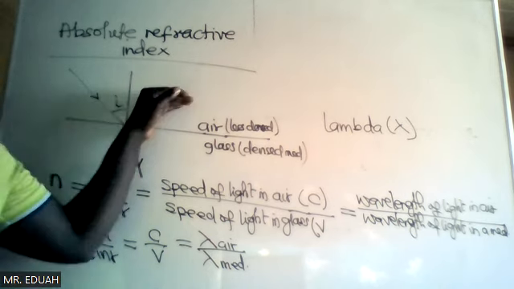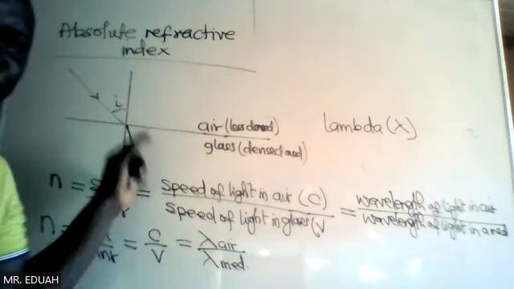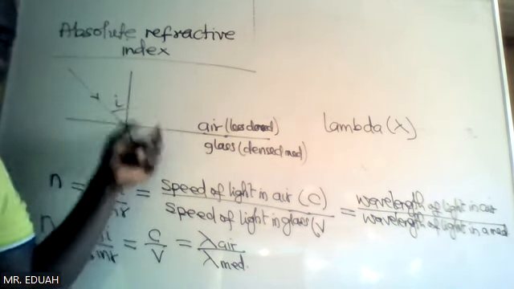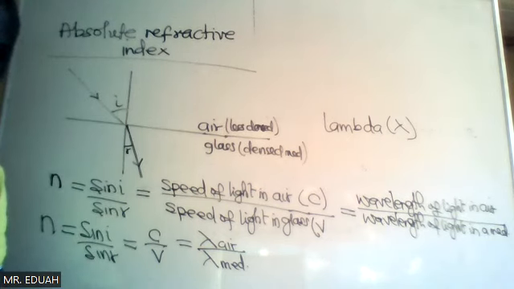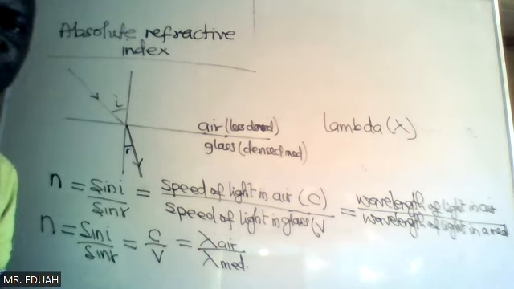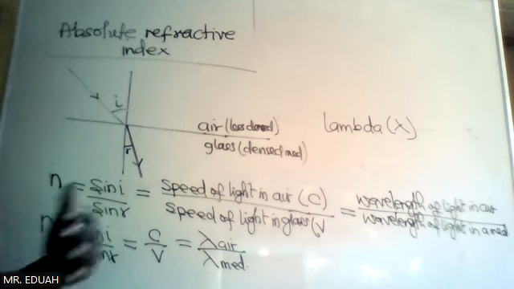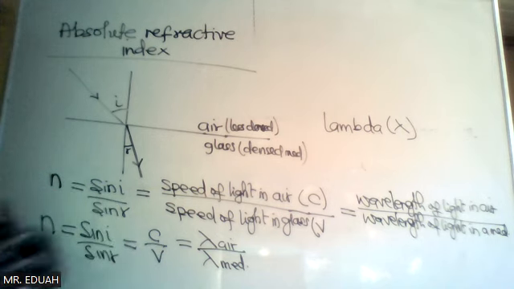So when the light is coming from air to glass or air to a denser material, then we are talking about the absolute refractive index of the material.